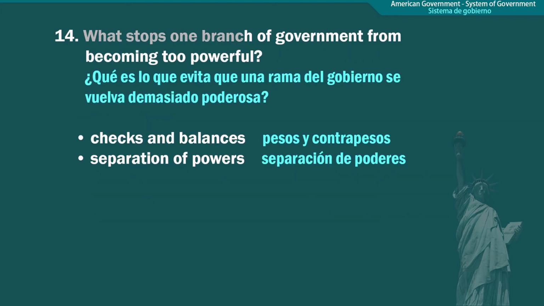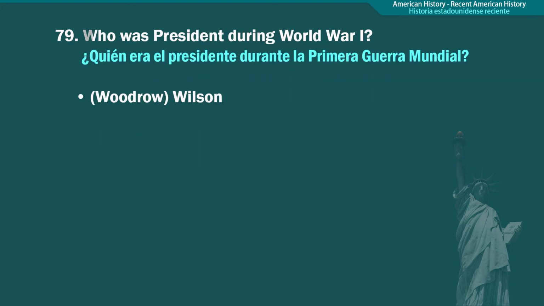What stops one branch of government from becoming too powerful? Checks and balances. Separation of powers. Who was president during World War I? Woodrow Wilson.